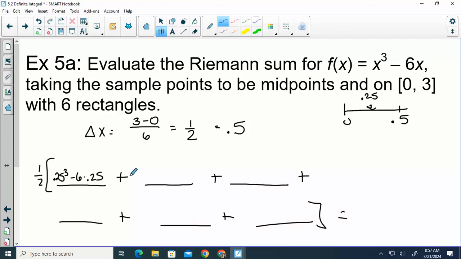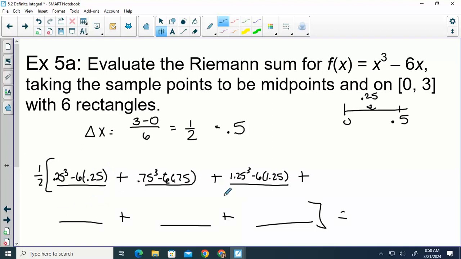Alright, from here, once you figure out the first one, the rest of them are easy. Because what is our change in x? 1/2. So to get the next one, we're just going to add 1/2. So 0.25 plus 0.5 is 0.75. The next one, if we add 0.5, is 1.25.